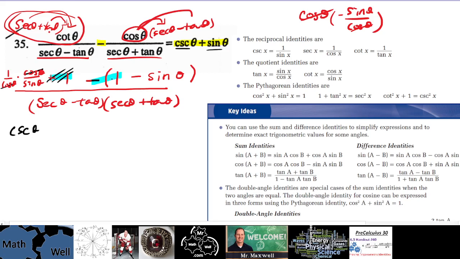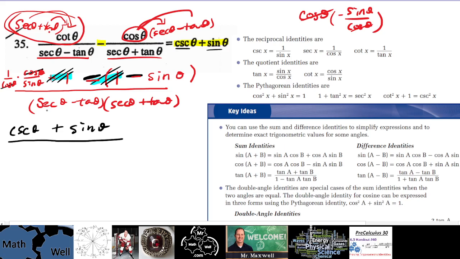Plus 1, minus 1. And then I have a minus negative sign. What's that? Yeah, plus sine theta. Now you might think, oh good, I've got what I came for. Nope, you don't, because we still have a denominator to deal with. So we have to show how that can be simplified.